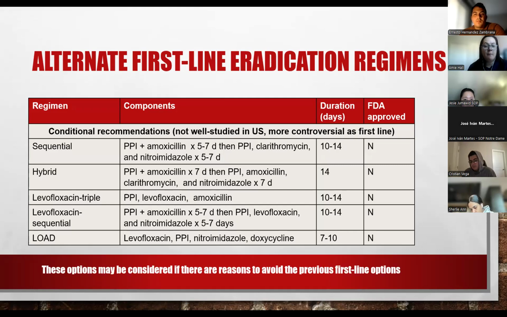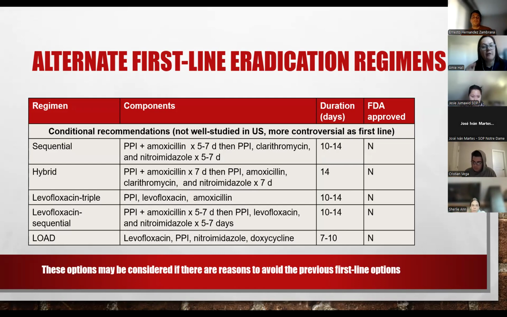Here, for completeness sake, are some other regimens that have been studied and approved and used. Please do not memorize these. Ideal regimens that we are looking for are effective, well tolerated, easy to adhere to, and cost effective. The regimens need to include at least 2 to 3 antibiotics.